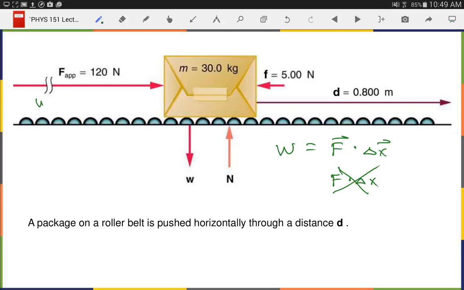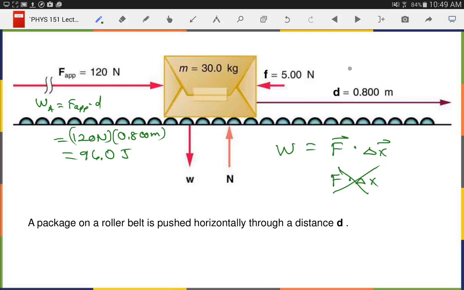So, for the work done by the applied force, force applied times the distance, very quickly, 120 newtons times 0.800 meters is equal to 96. How many significant digits do I have? I have 3, so I need to put 96.0 joules.